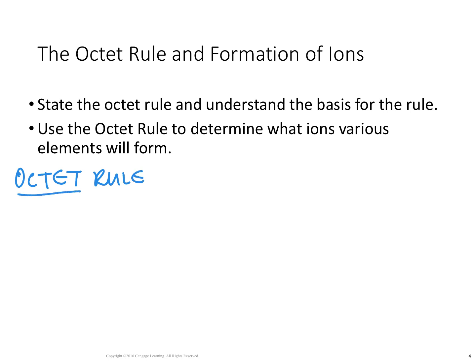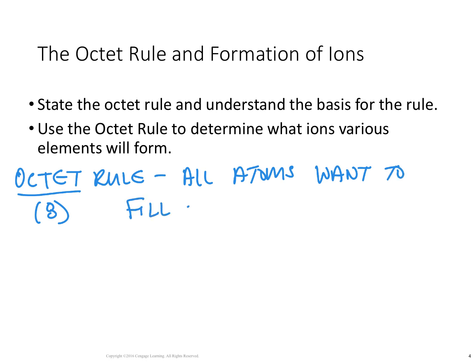if you know what an octet is, it means 8. So this octet rule means that all atoms are going to want to fill their outer shell, and for most atoms, or all of our representative atoms, and if you don't remember what a representative atom is, go back and review chapter 3, a full outer shell means 8 electrons in that outer shell, with the exception of hydrogen and helium.